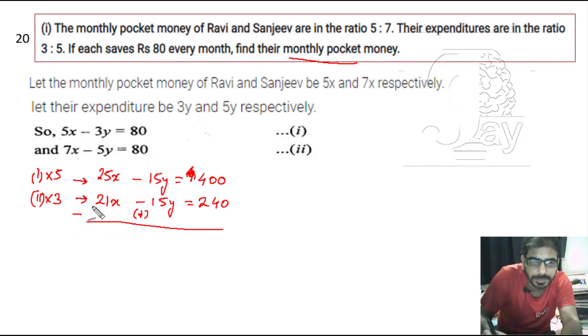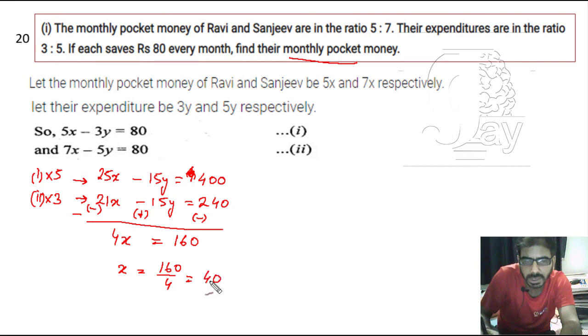So we get, okay, 25x minus 21x is 4x. This is now cancelled, and we get 400 minus 240 is 160. So I get x equals 160 by 4, that's 40.